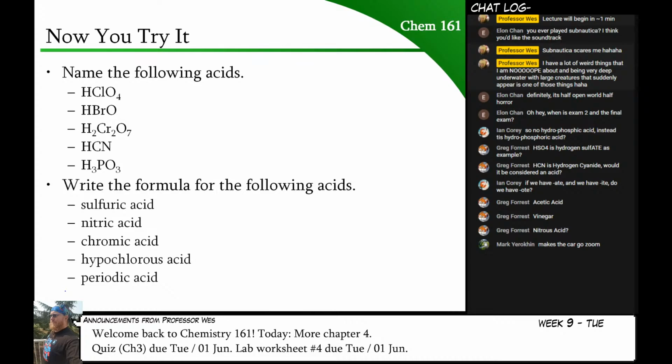But in order to do this, you do need your polyatomic ions list, and that's at the start of Chapter 6. So, if you have the slides for Chapter 6, they're on the Modules tab in Canvas. Go download those real quick. Have the list of polyatomic ions handy somewhere so that you can use it whenever you need it. And then you name these acids. So, I'm going to give you about 5 minutes to do this while I go and get another seltzer water because I drank all mine. And we'll go over the answers in a little bit.